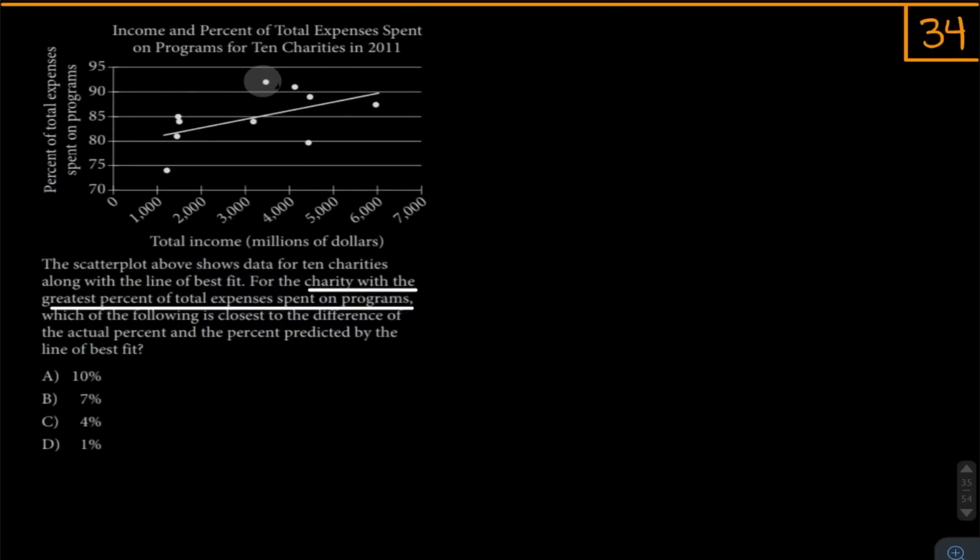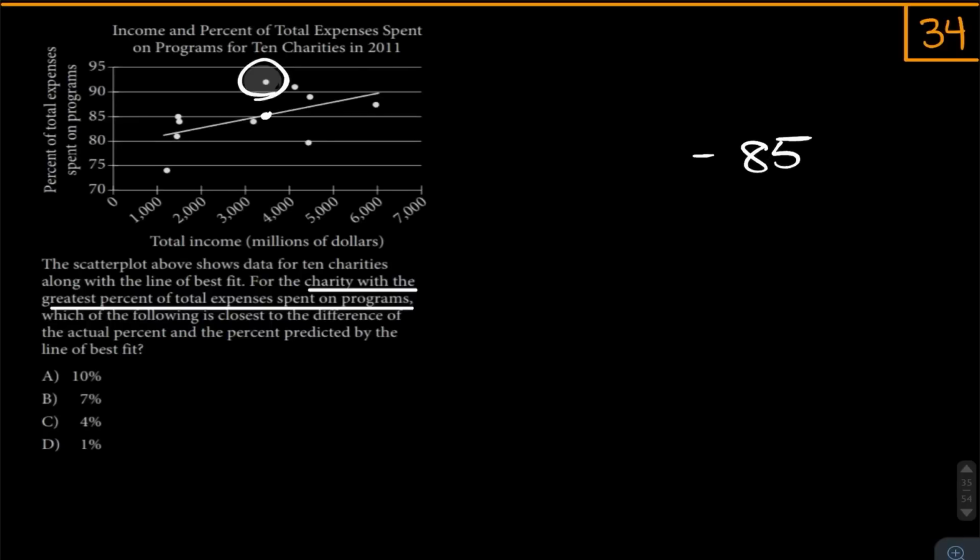And so now we have that charity, and it says which of the following is closest to the difference of the actual percent, so whatever percent we have here, and the percent predicted by the line of best fit. So the line of best fit is down here, that's this line. And so the percent predicted by the line of best fit looks like it's a little above 85, so let's say 85.